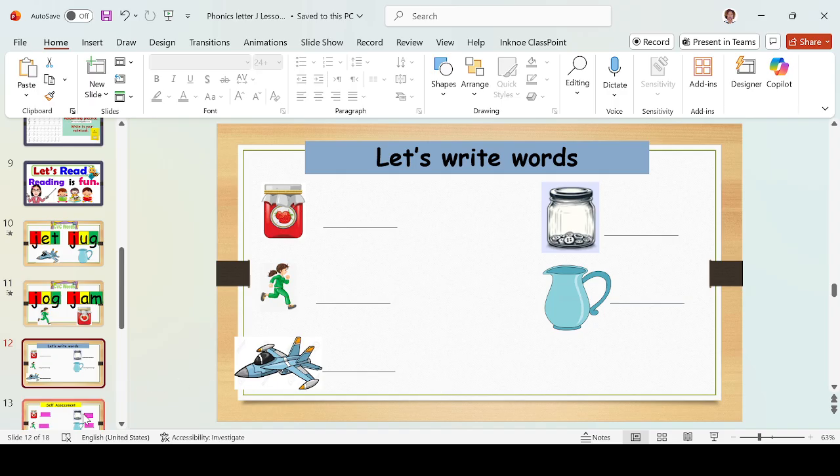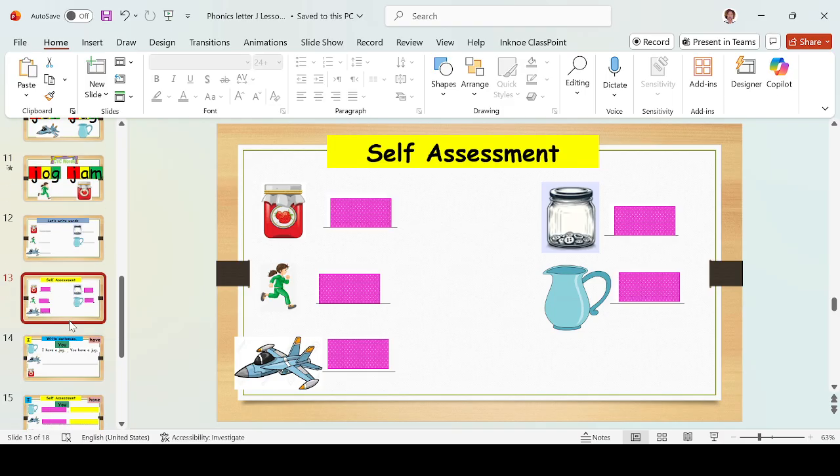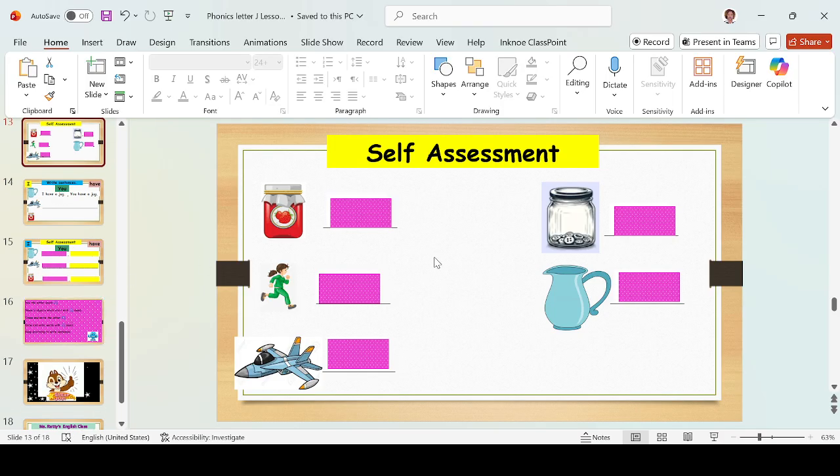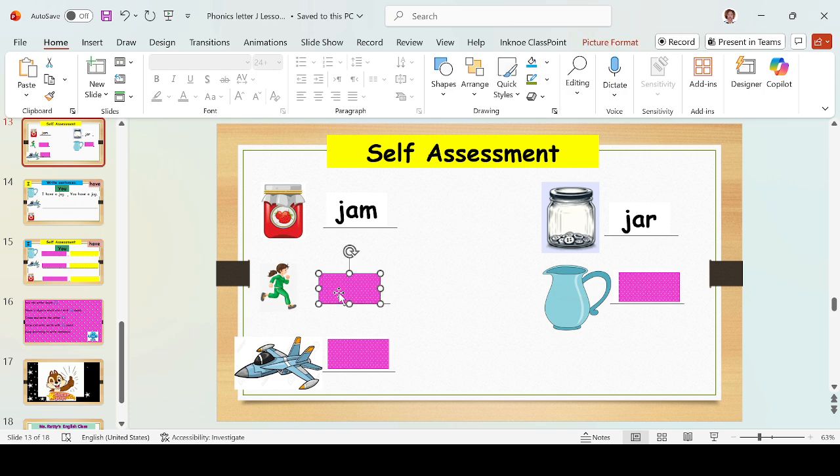When you are done, you come here for self-assessment. Let's do self-assessment. I'm going to show you the words. J, A, M, jam. Next one. When we do digraphs, you will find out the sound for this one. That's why I didn't put it for your writing, but for your reading.